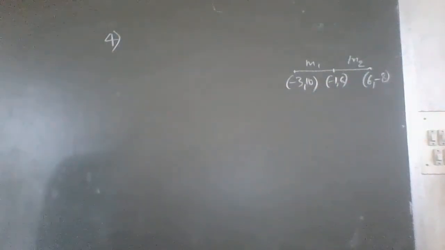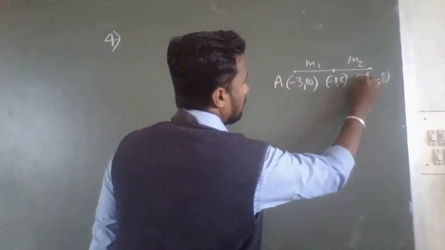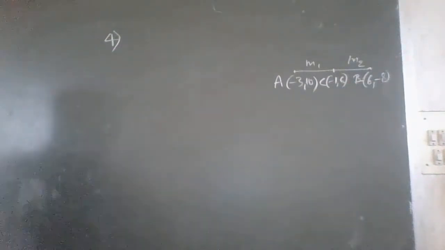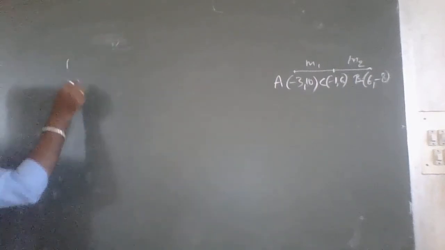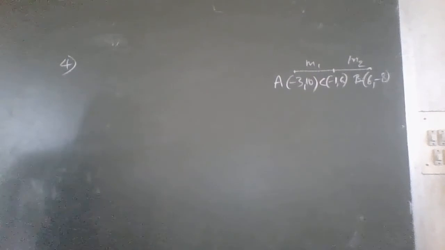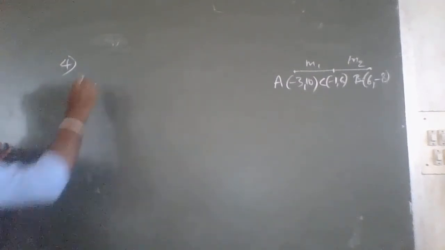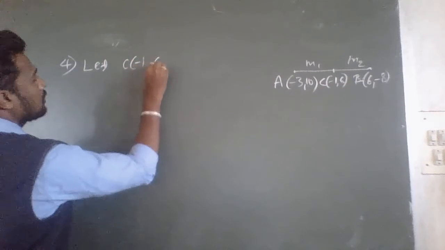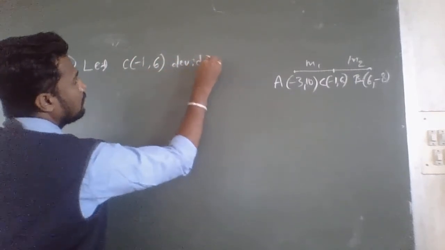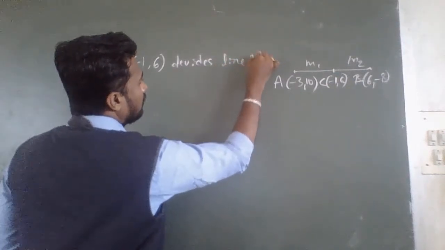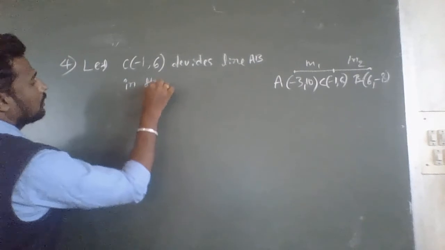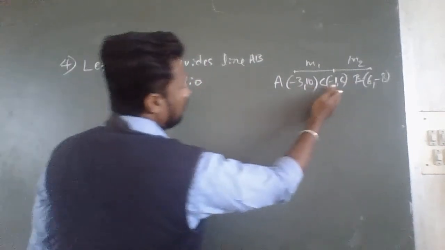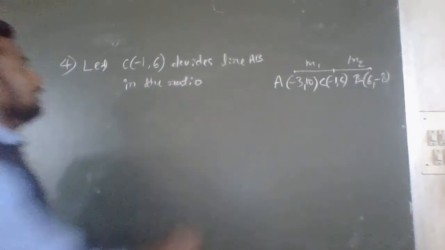So now what we will do? I will consider this point as A and this is point B and this point as C. So now consider, let C of minus 1, 6 divide line AB in the ratio.